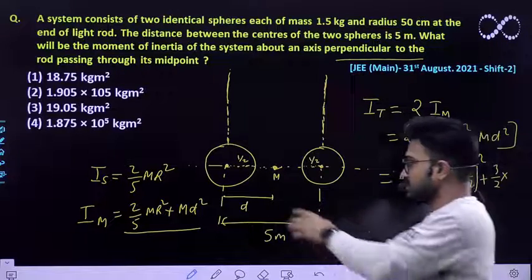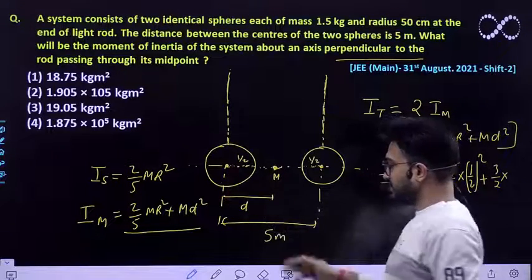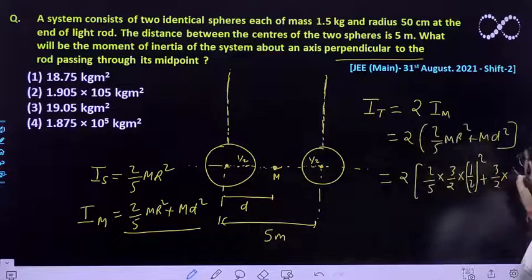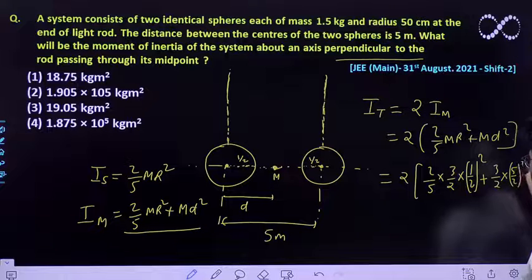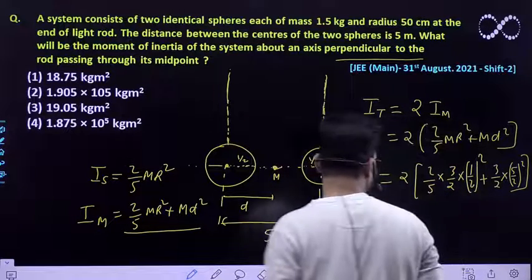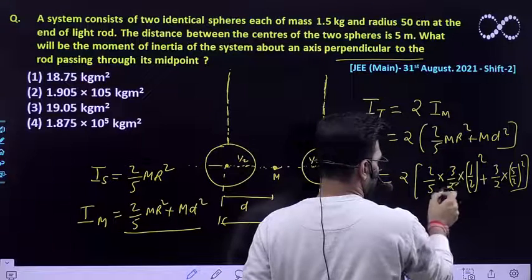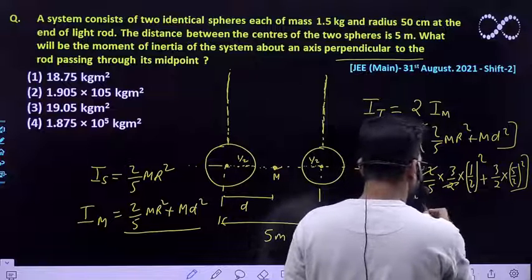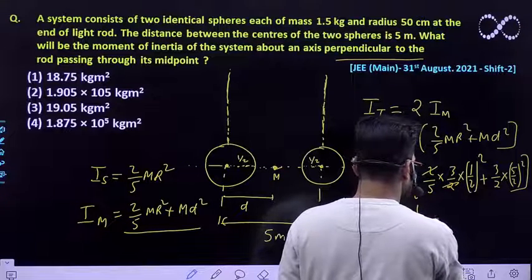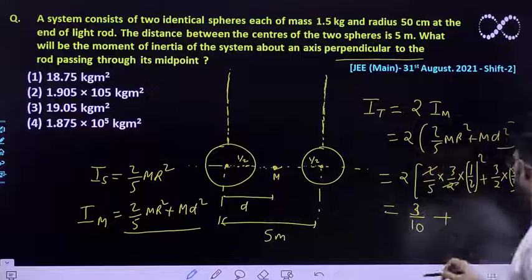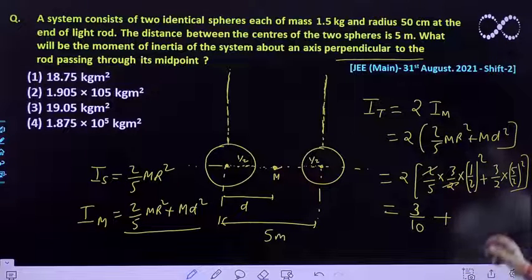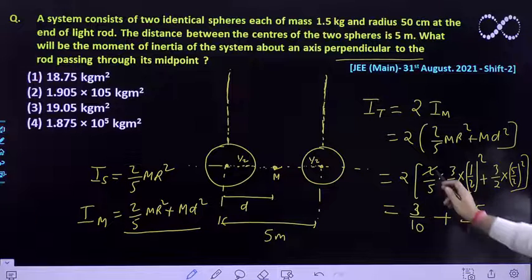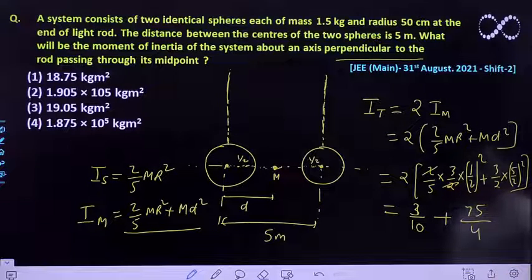What would be this distance? This distance must be equal to half of 5 meter, which is 2.5, which is nothing but 5 by 2. So it would be 5 by 2 whole square. This is the expression that you are getting. So twos can easily be cancelled out, and you'll be getting 3 by 10 plus 75 by 4.